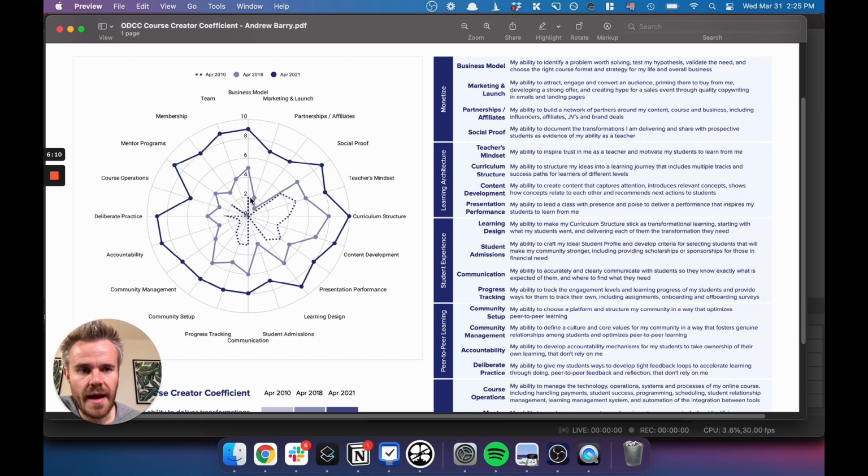I had an idea back at KPMG of a problem worth solving, and we were helping auditors get better at their career. But I had no real clue. We did needs analysis, so we were validating the need. But in terms of course format, strategy, structure, that was still pretty much lacking there, and that jumped up quite a bit from when I became a business owner.